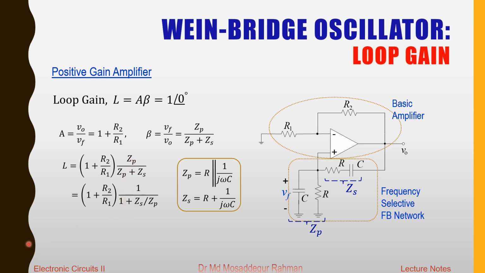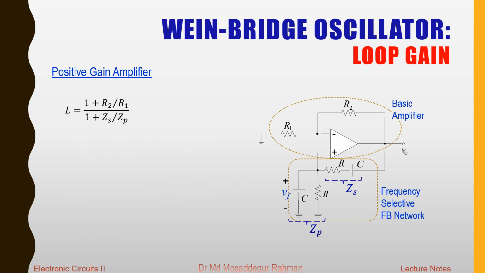So we simplify it like this, and further we can express it like this. So this is our expression for the loop gain, and the magnitude of that loop gain should be 1 and the phase angle should be 0.